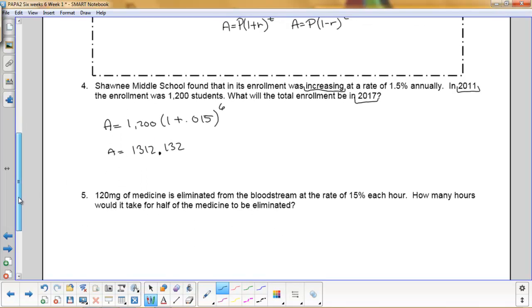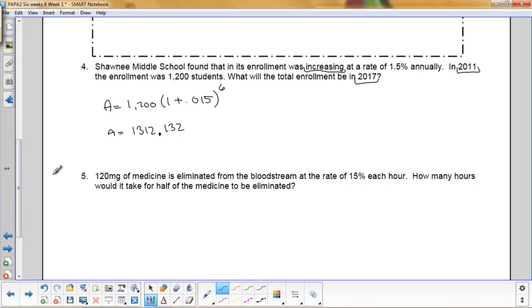All right, in number 5, we are going to be using the depreciation formula because we are eliminating medicine from our body. So we're going to start with 120, 1 minus 0.15, and we want to know how many hours it will take for half of the medicine to be eliminated.